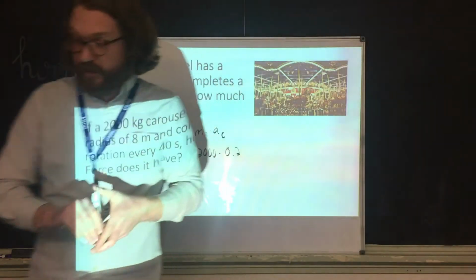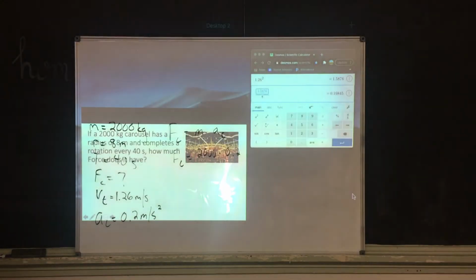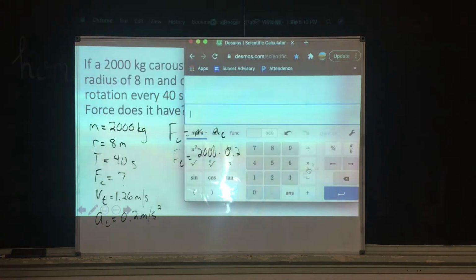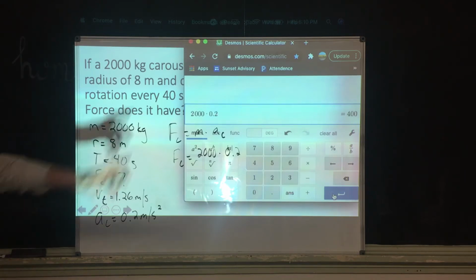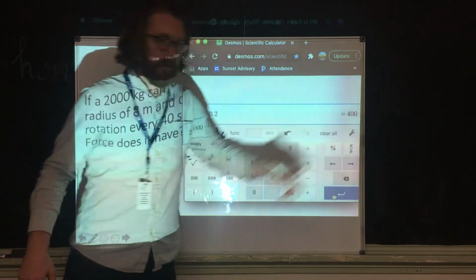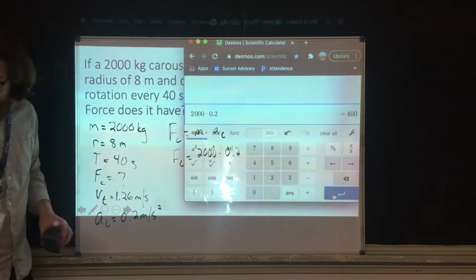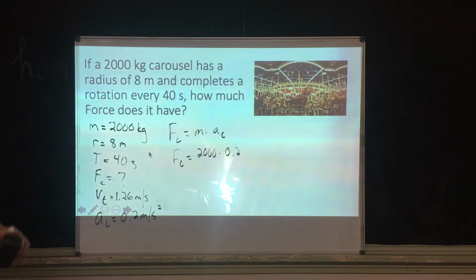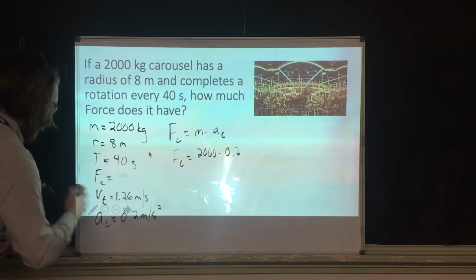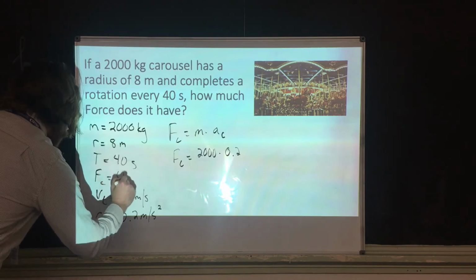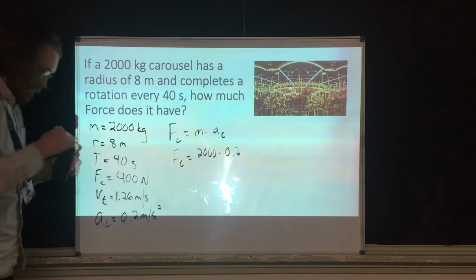We don't have to move anything, we just have to put these numbers in our calculator. I clear all this out, and I do 2,000 kilograms times 0.2 meters per second squared, and that gives me my answer, which is, my force is 400 newtons. Beautiful.